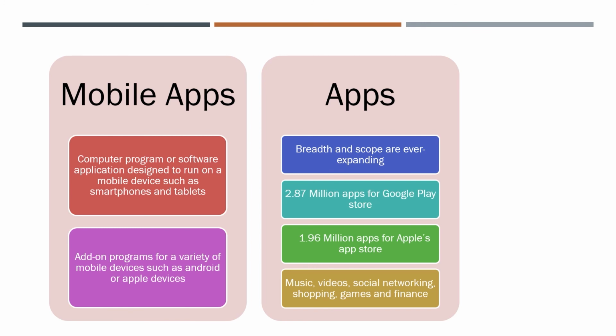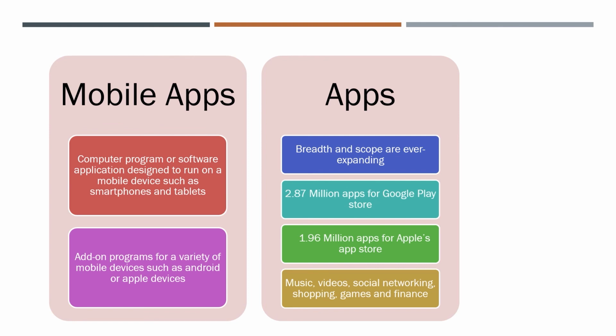That means they are widely used by all and will always expand throughout time. For example, Android users can choose between 2.87 million apps in the Google Play Store. This makes Google Play Store the app store with the biggest number of available apps. The second biggest is the Apple App Store, which has almost 1.96 million apps for Apple users.